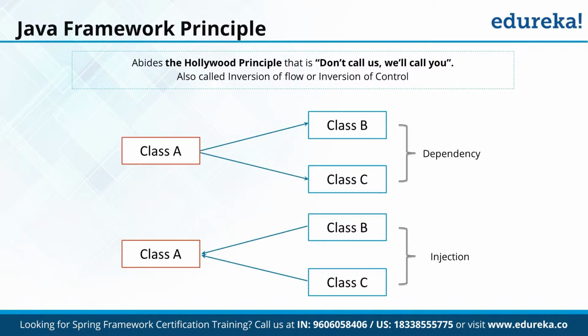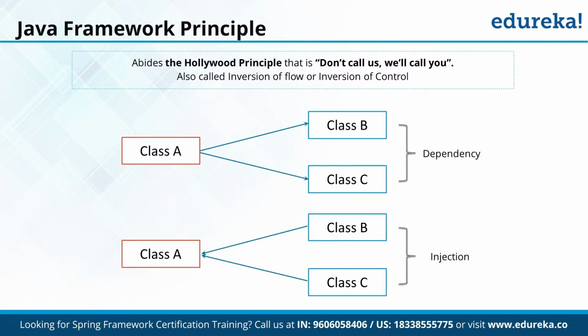You write a class, and then you create an object. But inversion of control says do not worry about creating the object. The framework is going to create objects for you. You just configure the objects. So let's say we have a class A which has a dependency on some other classes like B and C.